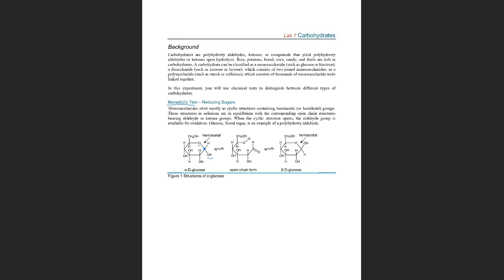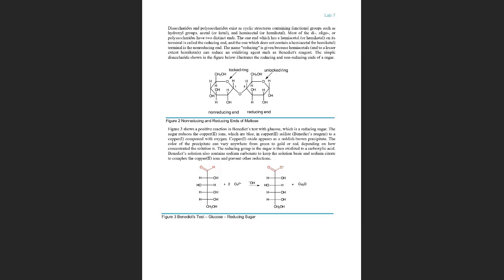Most of the time the sugar is cyclic, but in this case, for this test, we don't need to get into that. So here is showing this is the reducing end because this carbon is bound to the OH and the ether. And here, this carbon doesn't have the OH. So then it's the non-reducing end.